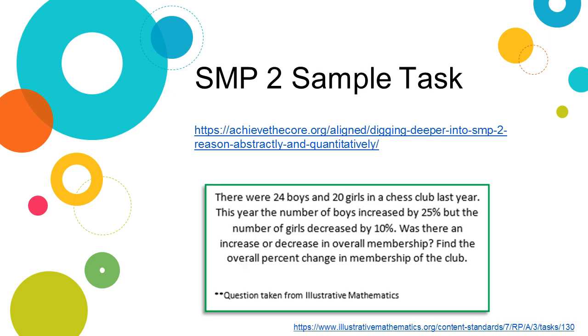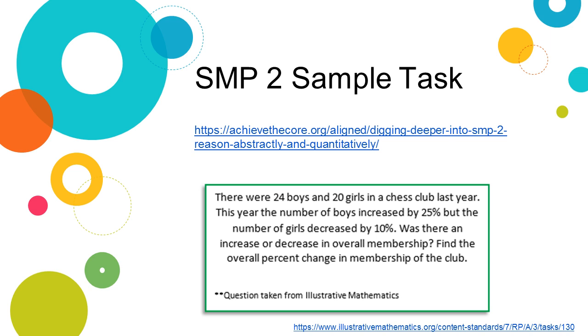Another example from the Achieve the Core website that I chose was for 7th grade. As you look at this example, you will see students engage in many of the same skills related to practice number 2 as they do in the earlier grades. Again, students are decontextualizing the problem, producing a symbolic representation, manipulating those symbols, and then putting it back into the context.